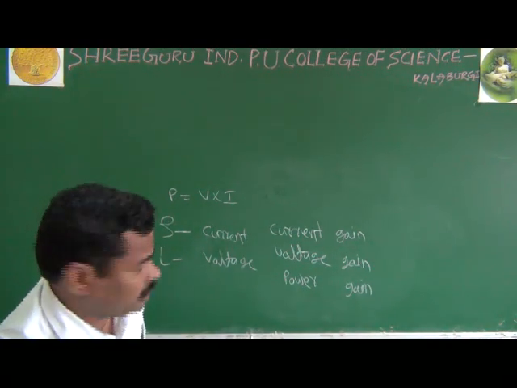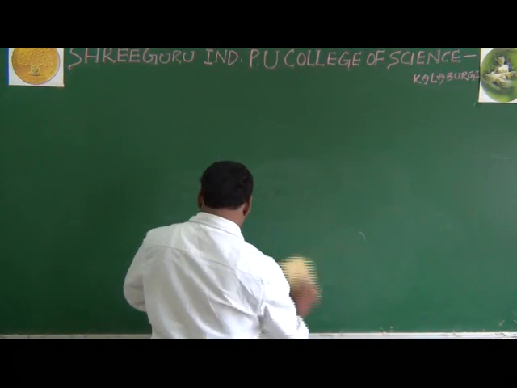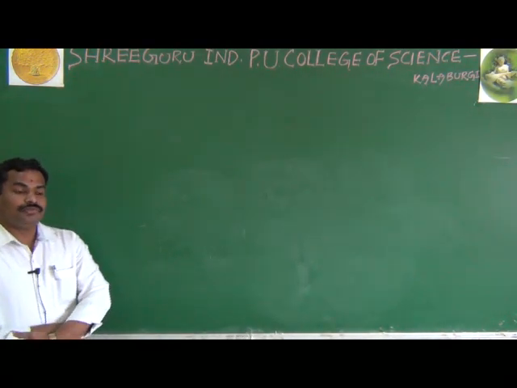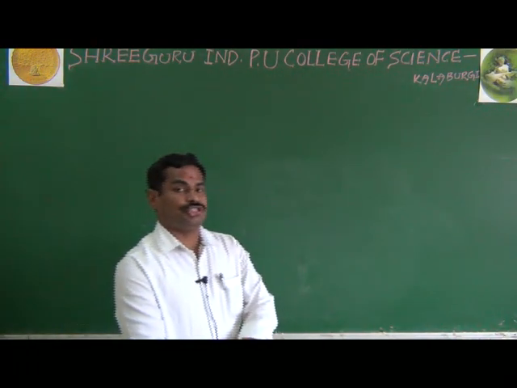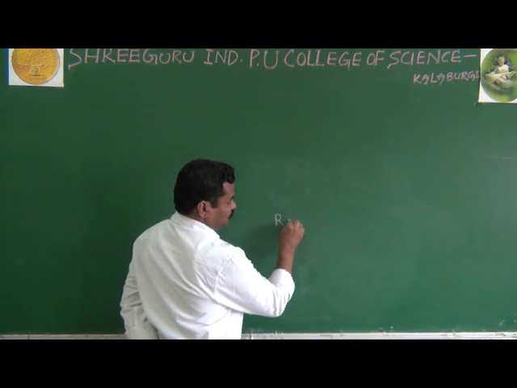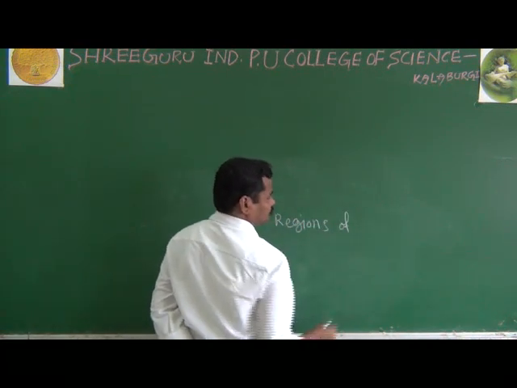Overall, we give more importance to the common emitter configuration because of its more current gain, voltage gain and power gain. Then we go for another three important regions of the transistor. They are so important. What are the three different regions of the transistor?